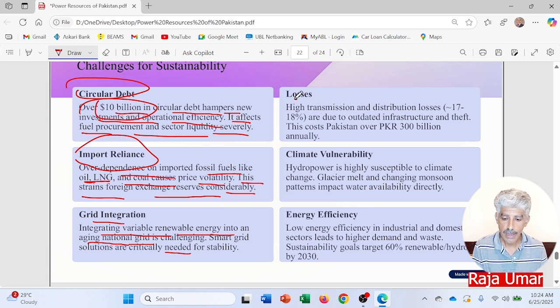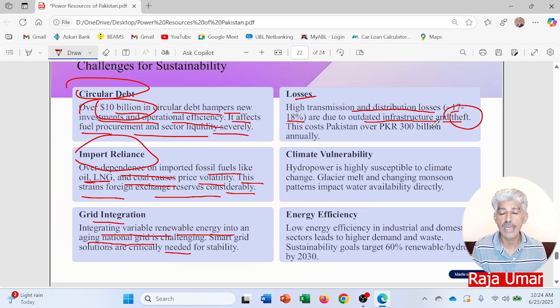So losses: high transmission and distribution losses. 17 to 18% of energy is lost in the process of transmission, due to the outdated infrastructure and theft. As you know, the national grid is really very old, and with the help of those old equipments the electricity losses are quite high, and even electricity theft is quite high in Pakistan.